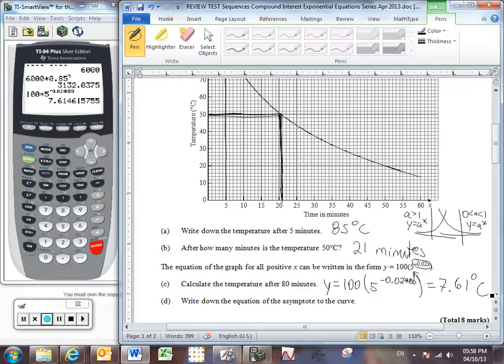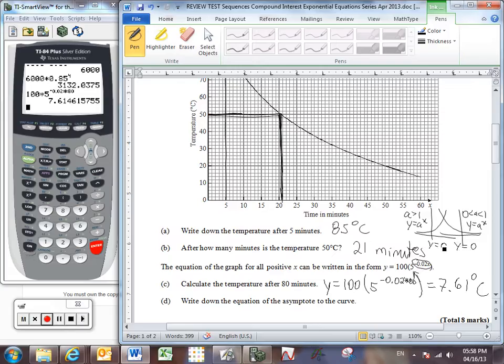And lastly, we need to write down the equation of the asymptote to the curve. An asymptote is a line that the function is getting closer and closer and closer to. We can see that our curve is gradually getting closer and closer to horizontal, and you should know that a regular curve will have an asymptote of y equals 0, whether it's growth or decay.